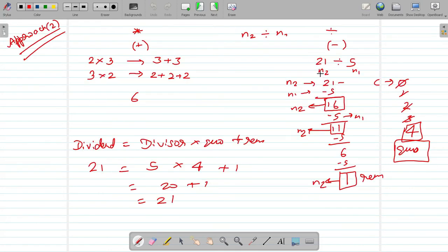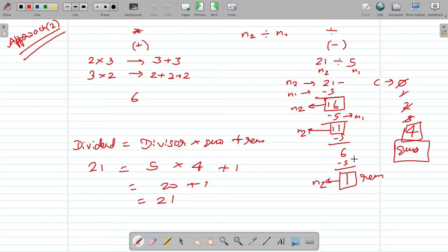I hope it is clear up until here. Now let's try to write a pseudocode for our program. We will take inputs, obviously I'm not writing it here, only a comment. Then we have to do it repeatedly until the condition comes that n2 is smaller than n1.